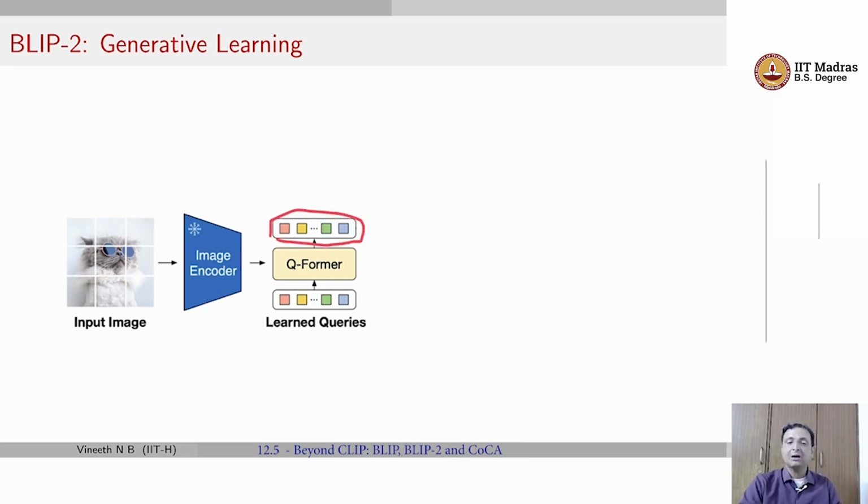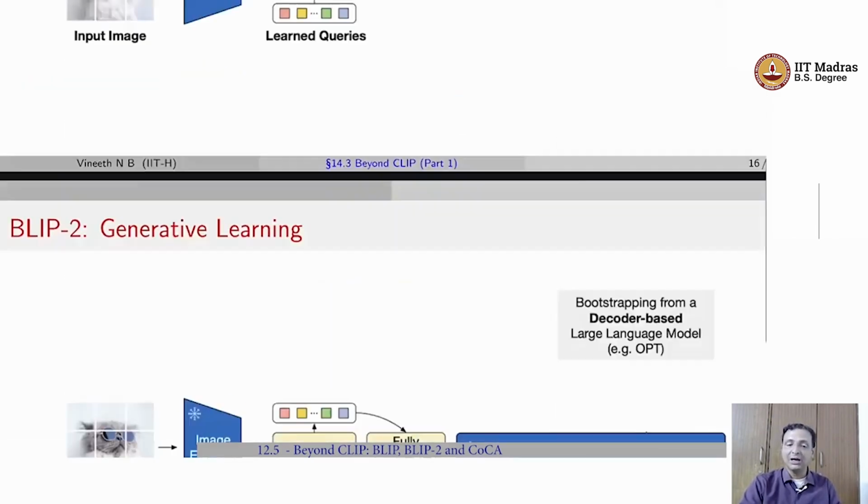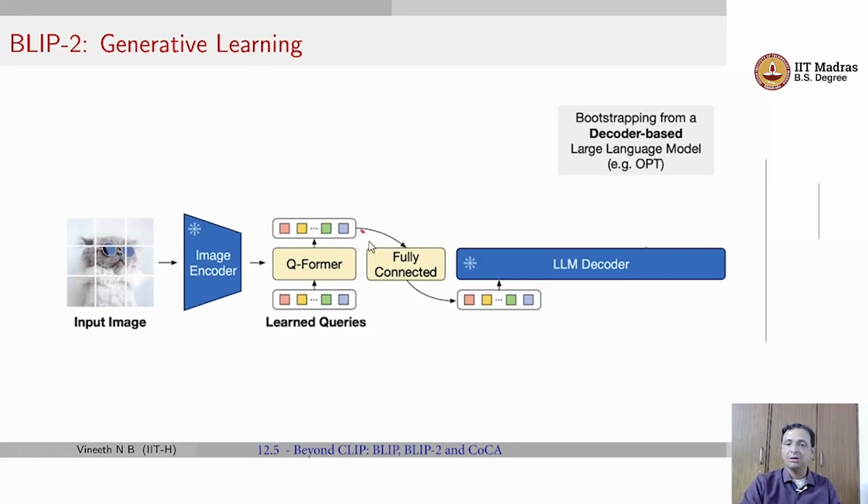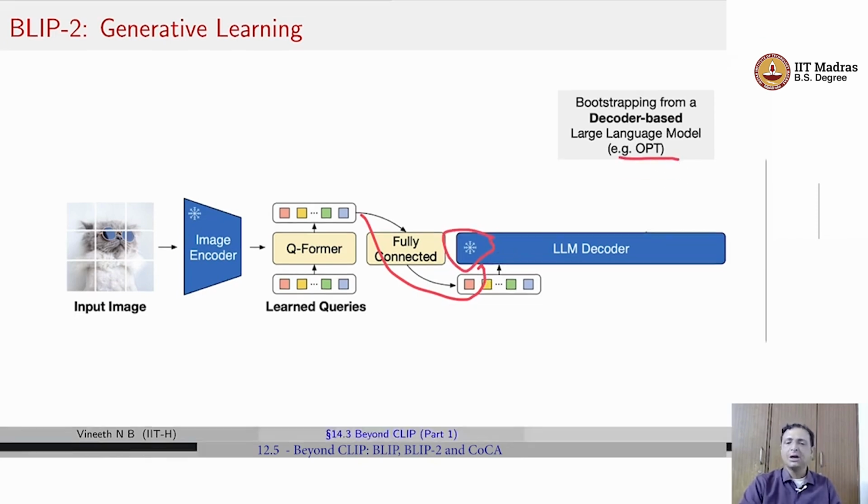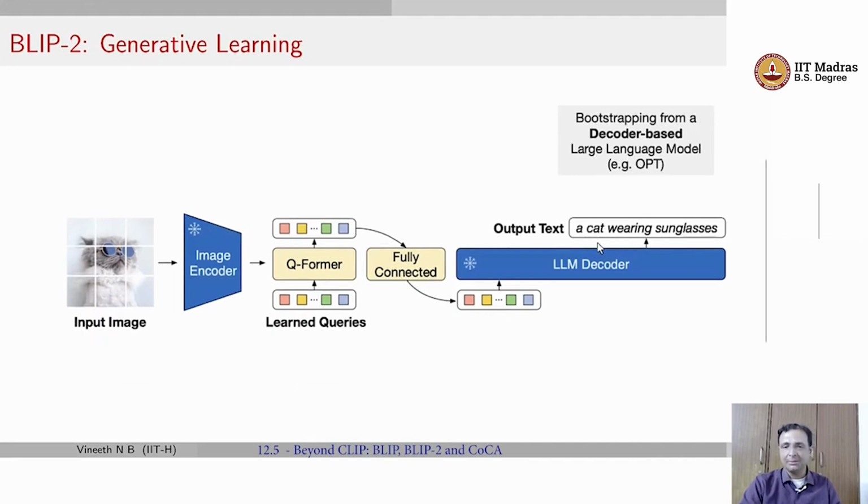These are provided through a fully connected layer as input to an LLM decoder which is frozen. For this experiment, they use the OPT LLM to study their approach. And now this LLM decoder outputs a text for this image that says a cat wearing sunglasses.